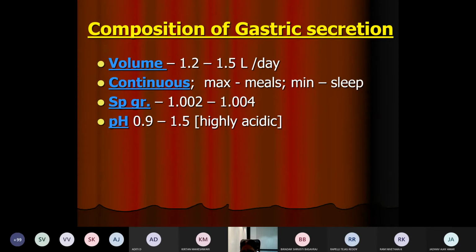It is continuous, maximum at meals, minimum at sleep. Specific gravity 1.002 to 1.004. pH 0.9 to 1.5. It is highly acidic.